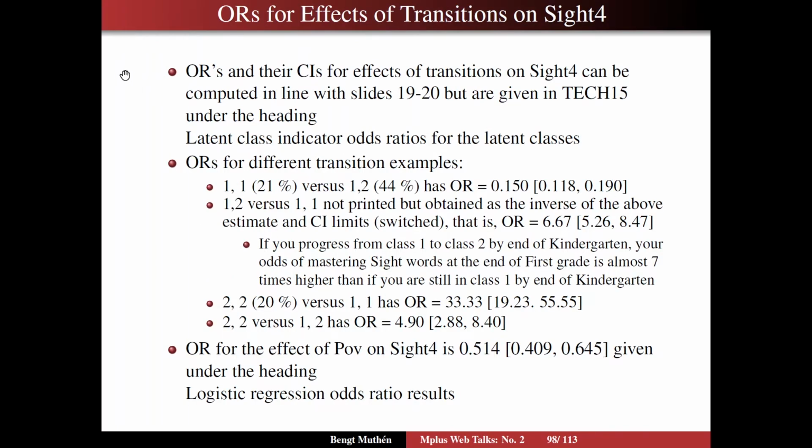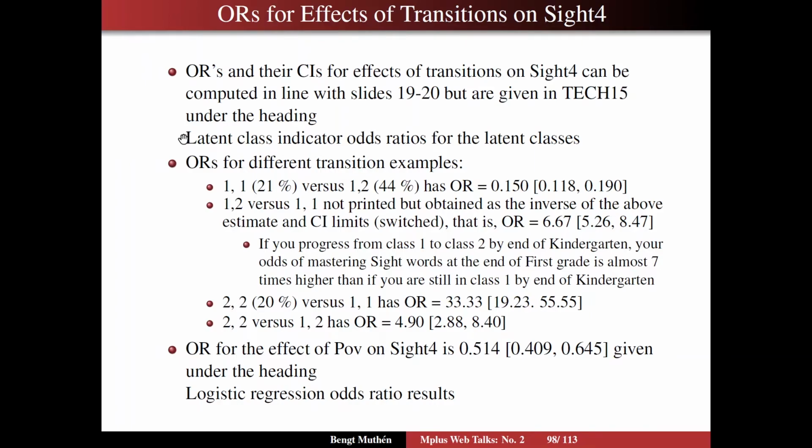The odds ratios for the effects of transitions on site 4 can be explained this way. We're interested in the effects of transitions on site 4. We can compute them in line with those slides 19 to 20 generalized to a multiple time point situation, but they're already given in Tech 15, thankfully, because there are a lot of model constraint statements you would have to come up with otherwise.